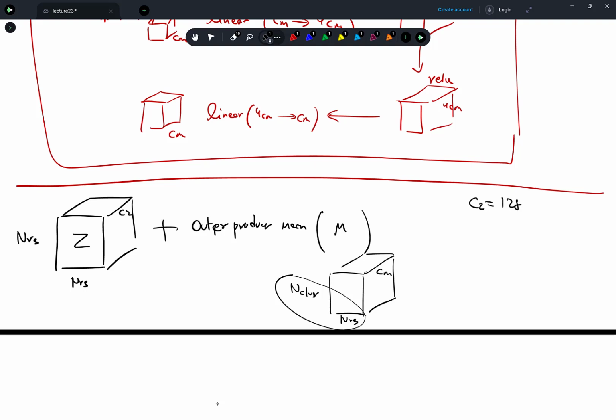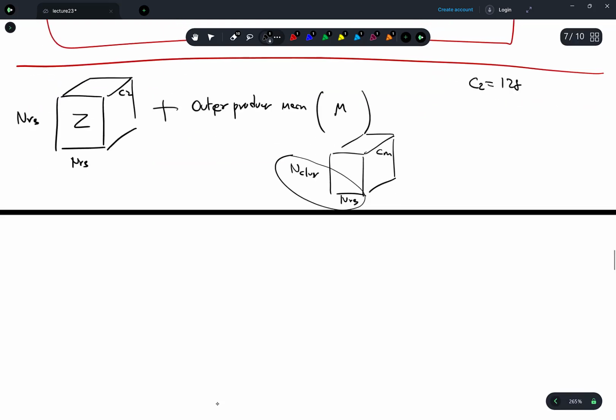Then I'll get ij by whatever the dimension, and then project it to CZ space. So I want to transform this from Cm to ij CZ space, so that then I can simply add it. That's what outer product mean will do, okay? Outer product mean is a module, if you want to call it that. It is the fourth module, so the transition actually is the third module. The fourth module is the outer product mean.